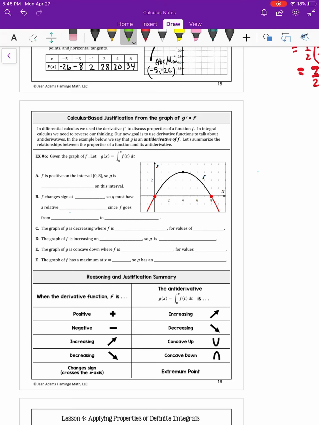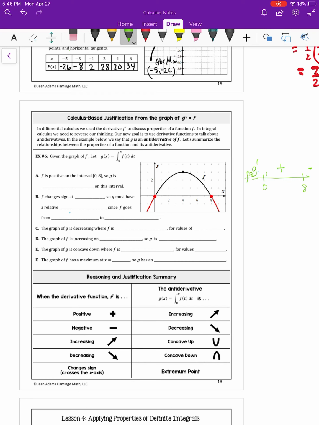So, given the graph of f, let g of x be the integral from 0 to x of f of t dt. So we are looking at that as a derivative function. So f is positive on the interval from 0 to 8. Remember, if f is your derivative and you have critical points at 0 and 8, your derivative f equals g prime.